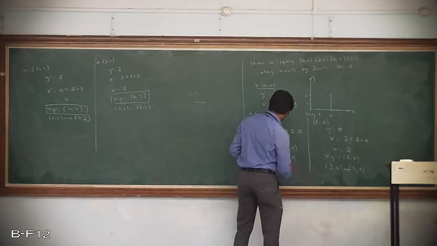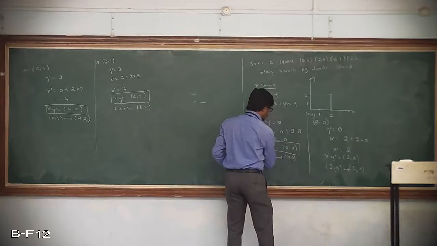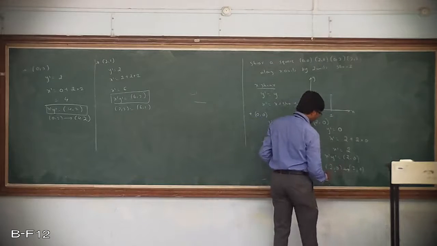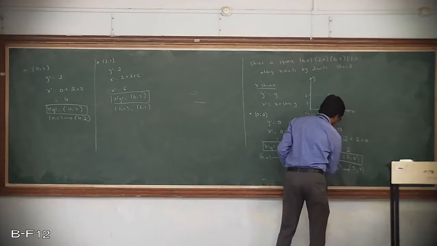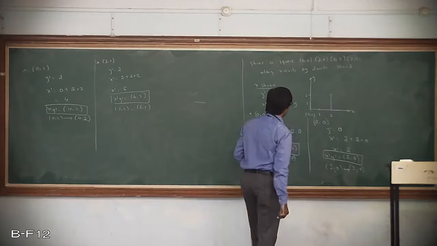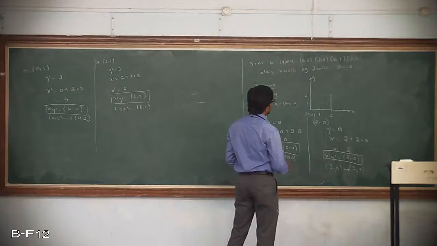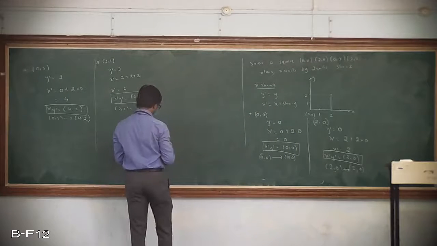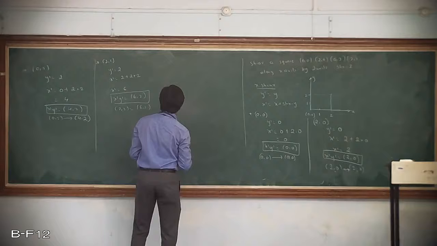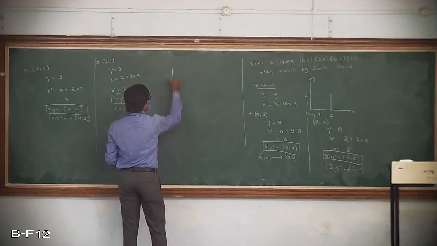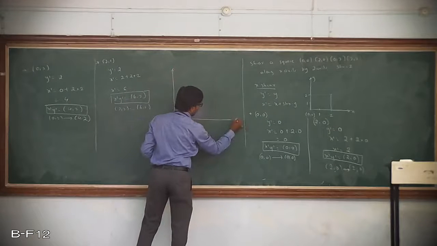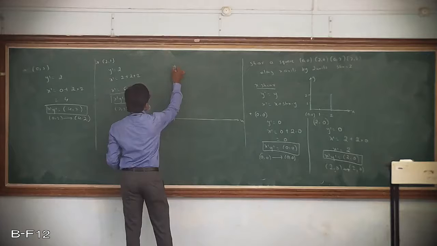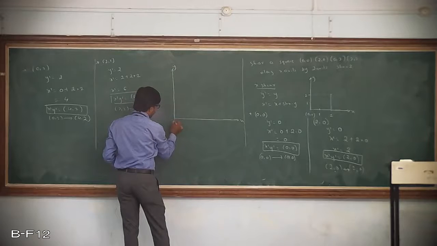So this is the first coordinate, this is the second coordinate. We will not overlap this on the same coordinate system. We will draw a new one so that you can observe the difference here. This is x, this is y, this is 0, 0.